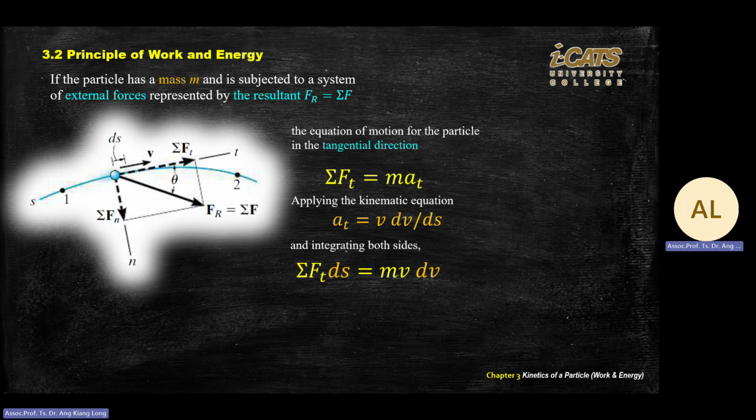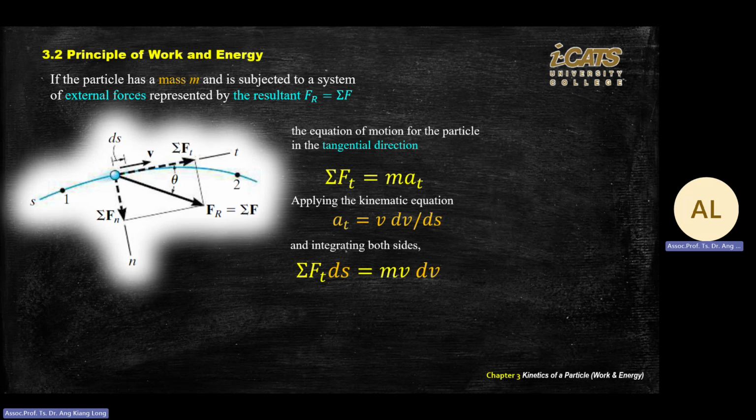Make sense for you? Okay, and you know that when you see d something, the next step is integration. So integration, can you see the format after this? This side, integrate ds, you get Fs, right?